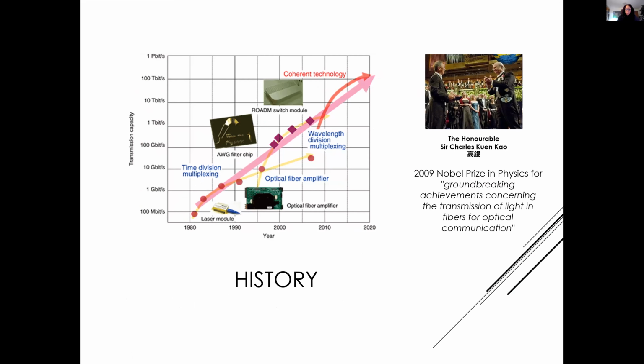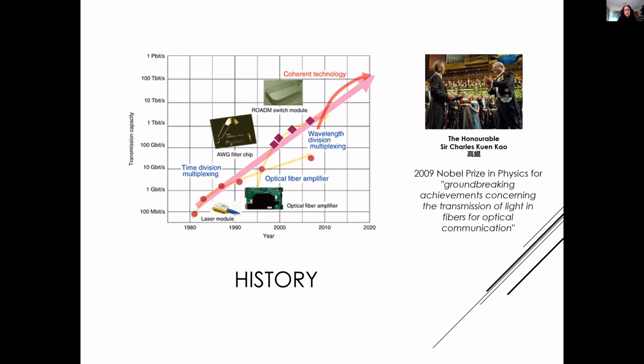Before telling the future, let me start from the past. The history of optical fiber communication starts in 1980, when Charles Kao demonstrated that an optical fiber link of only 20 centimeters was able to reduce the loss of a copper cable.